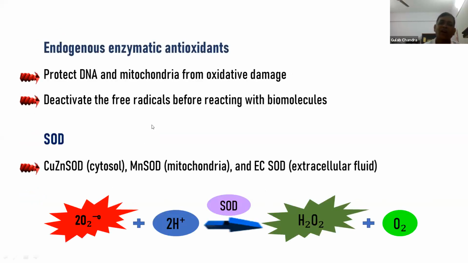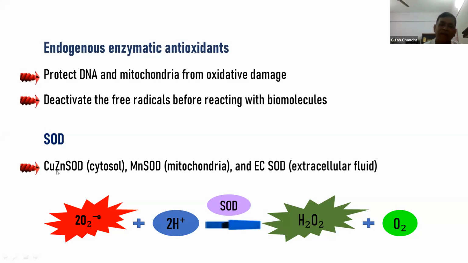Endogenous enzymatic antioxidants protect the DNA and mitochondrial DNA from oxidative damage, and also neutralize the free radicals before they react with the biomolecules. The first endogenous enzymatic antioxidant is superoxide dismutase, which has three types found in the cells.